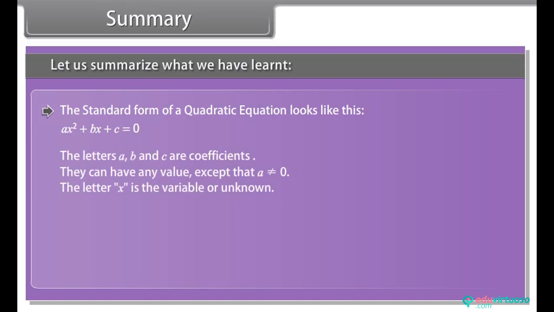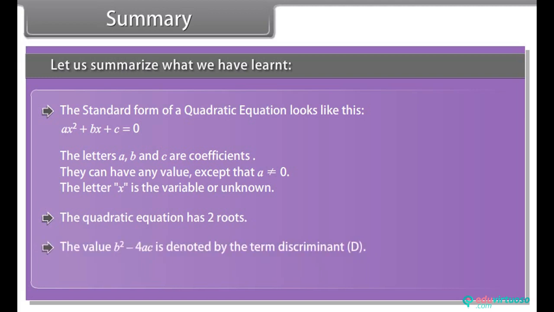They can have any value except that a can't be 0. The letter x is the variable or unknown. The quadratic equation has two roots. The value b² − 4ac is denoted by the term discriminant D.